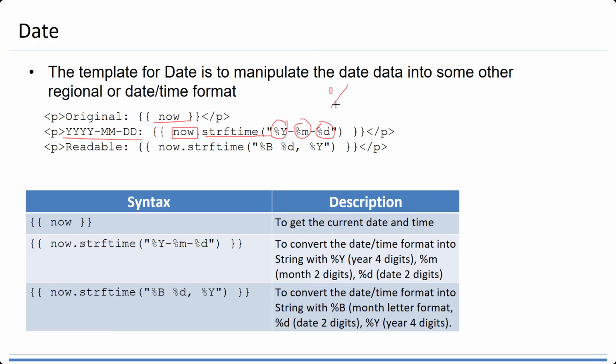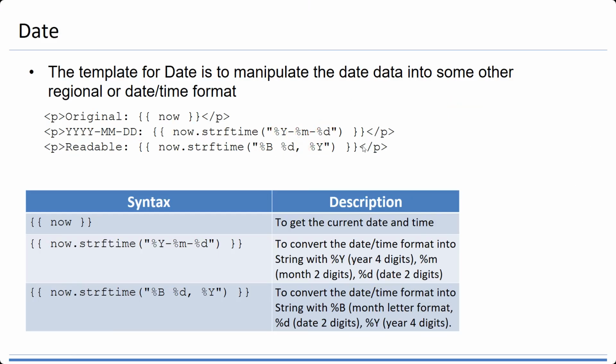So percent indicates this is the format for the year, %m indicates the format for the month, and %d is the format for the day. And we can use another kind of formatting, for example, %b %d, comma, %Y.